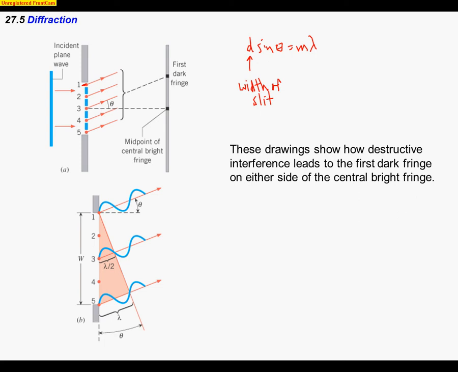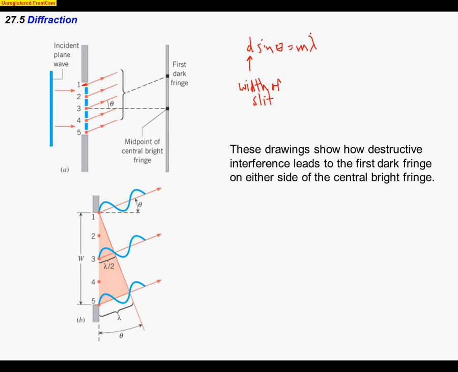Our angle theta here is the angle between the line that goes from the center of the slit straight across to the screen and a line that goes from the same point to the first dark fringe. m, of course, is an integer again, and then lambda is still the wavelength of the light.